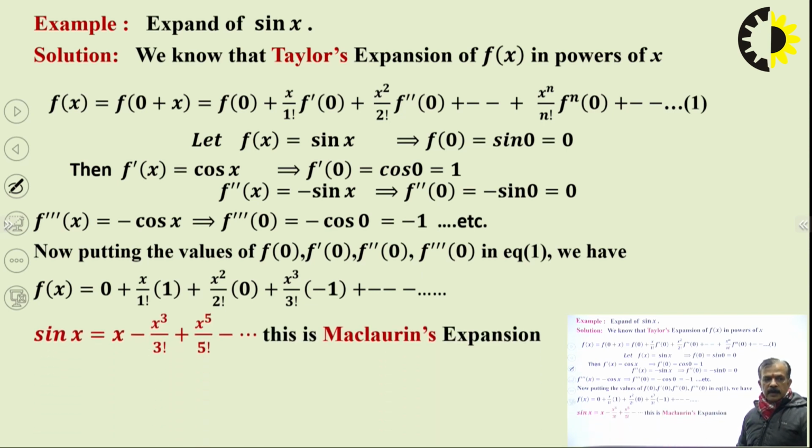After simplifying, the expansion of sin x will be x minus x cubed divided by 3 factorial plus x to the 5 by 5 factorial minus and so on. And this is also known as the Maclaurin expansion of this function.